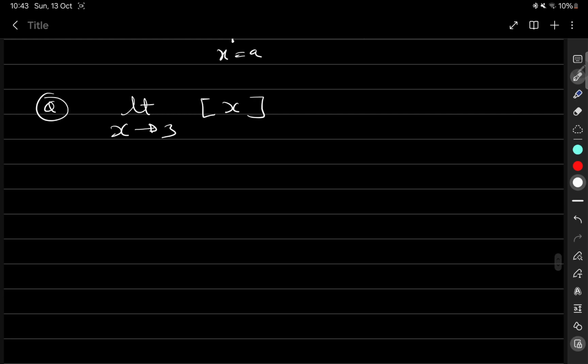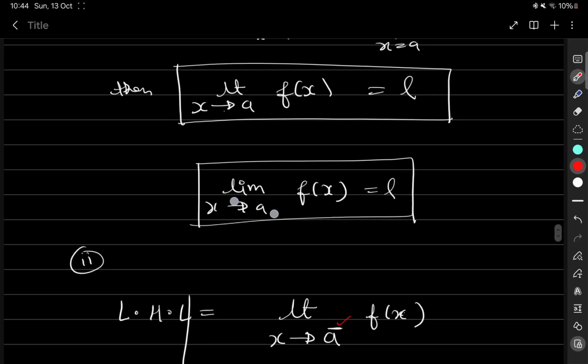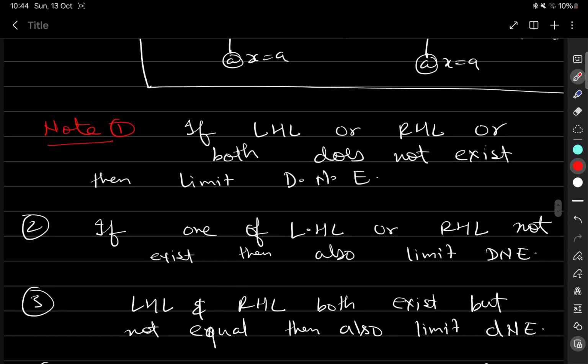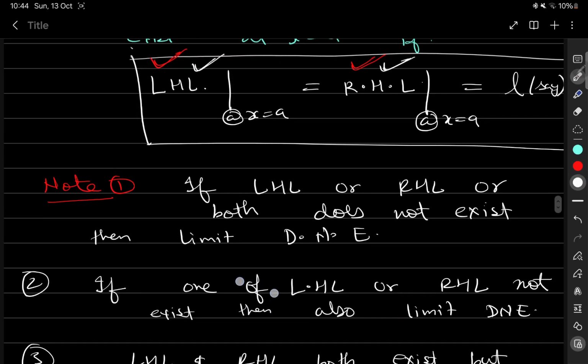So we learned that the limit exists only when LHL and RHL both exist and both have equal value as L. By the way, I did not tell you what L holds. So this also you can write, right here.